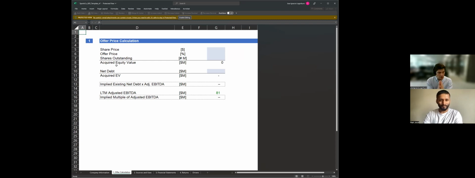So normally what you would need to do is launch what is called a public takeover offer, a PTO, which means that you are offering the same share price for everyone. Normally it comes at a premium because you're trying to gain control, and control of a company requires a premium, right?